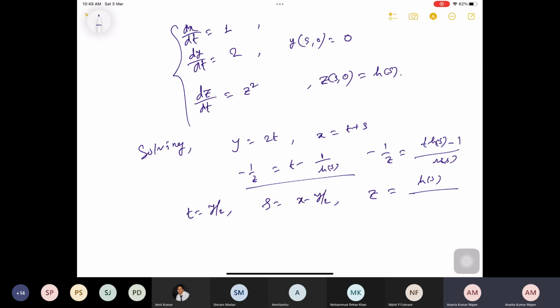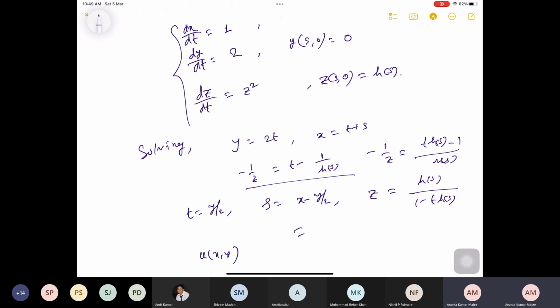So h of s by 1 minus t times h of s, and then I write s there, because s is equal to x minus y by 2. Now z is nothing but my u of x, y, is it not?